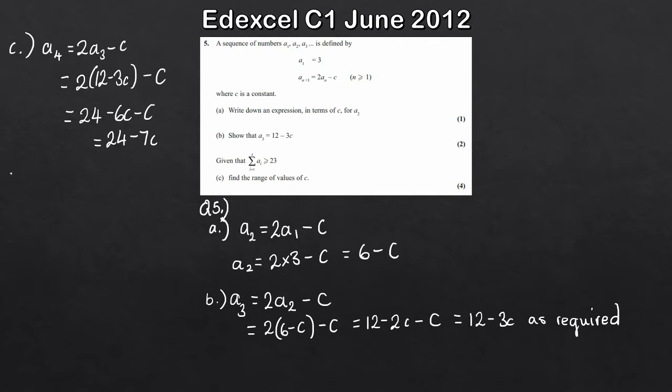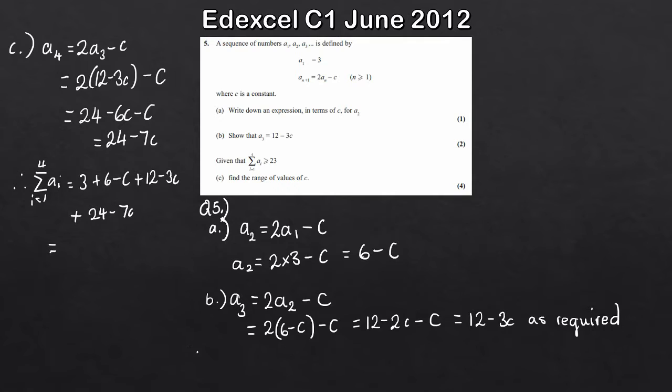So then in that case, we can work out the sum now. So we've got the first 4 terms. So the sum of A_i from i equals 1 to 4, well, that's going to be equal to 3, because that's A1, plus A2, 6 minus C, plus A3, which is 12 minus 3C. And then we also need to add on A4, 24 minus 7C.